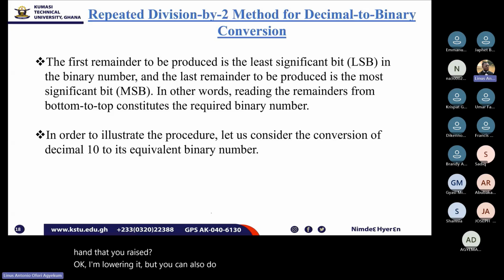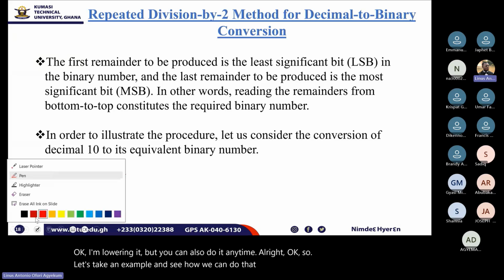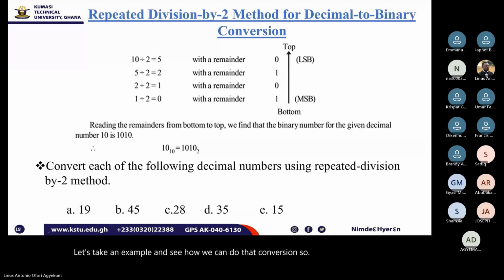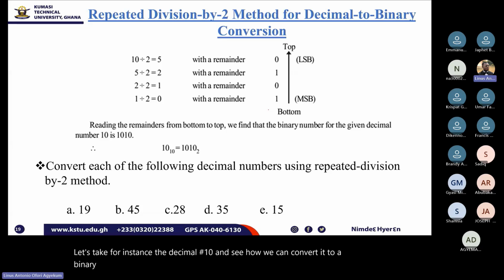Let's take an example and see how we can do that conversion. Let's take, for instance, the decimal number 10 and see how we can convert it to binary using repeated division by 2.